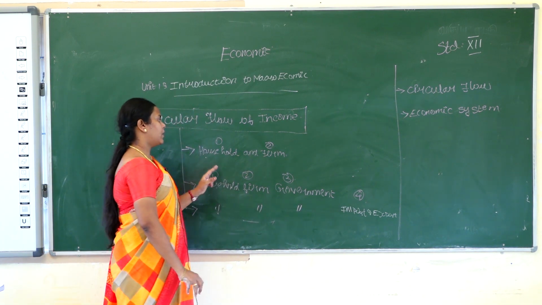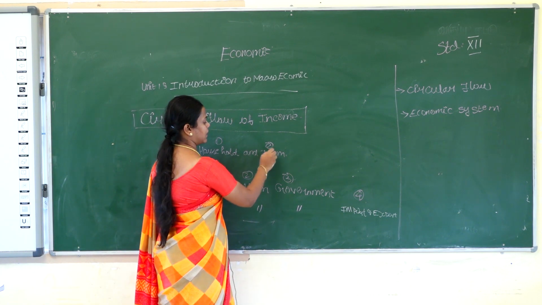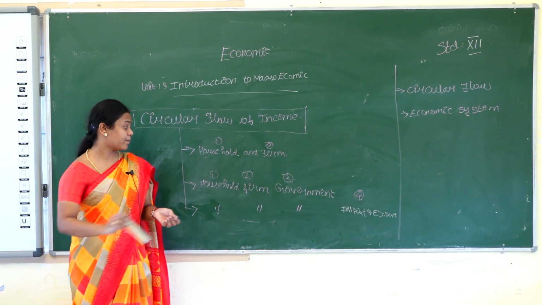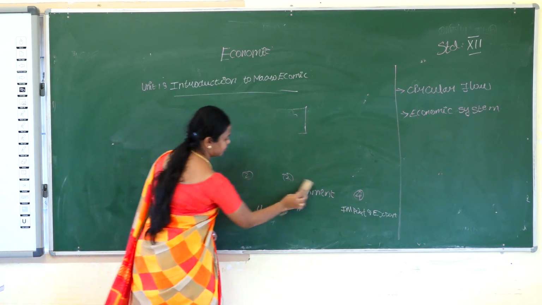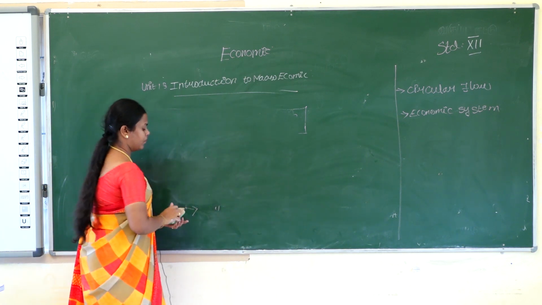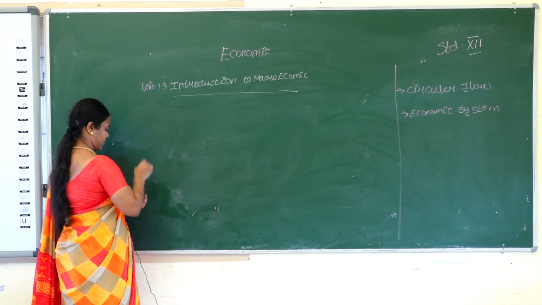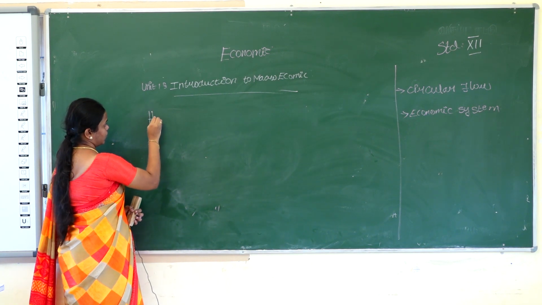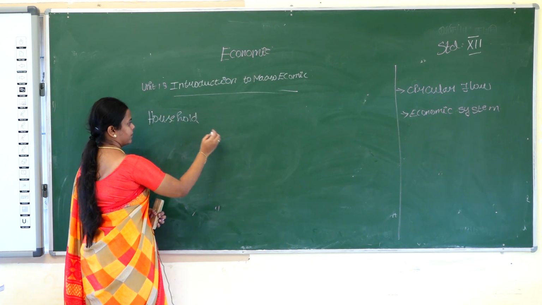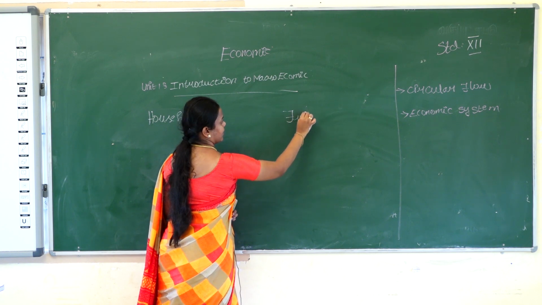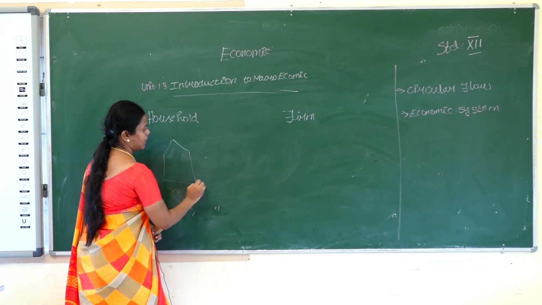Right. Now we are going to see it one by one. In the first sector, that is household and firm, consider household expenses and firm.